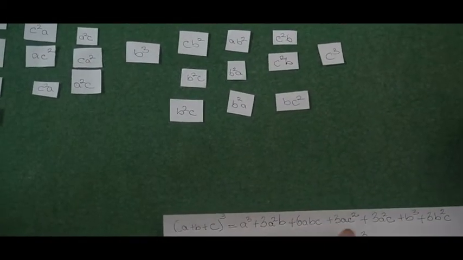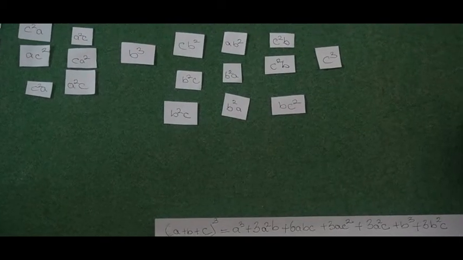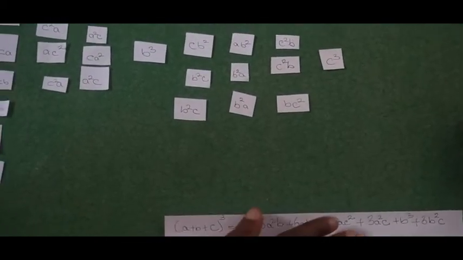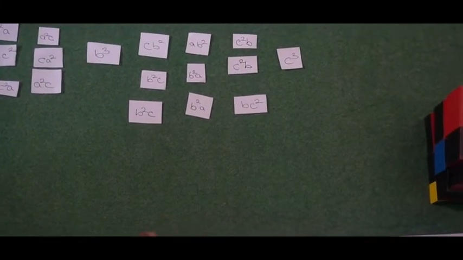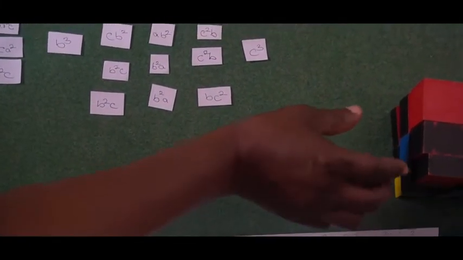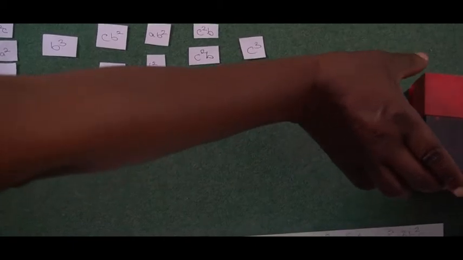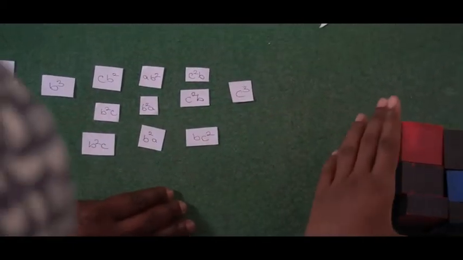So, these are the terms in our trinomial cube. Now, how many of these pieces do we have? How many of them all together? Let us see. You can bring down the layers.